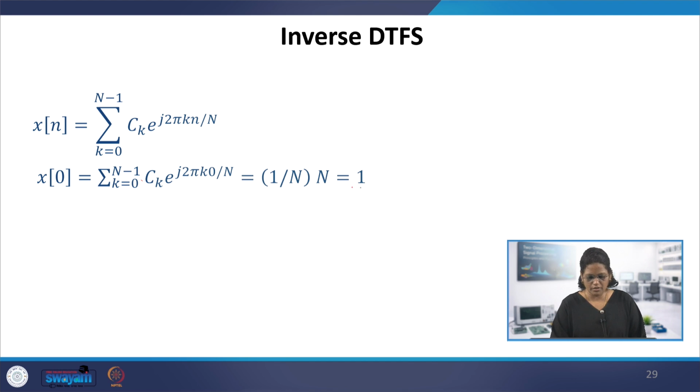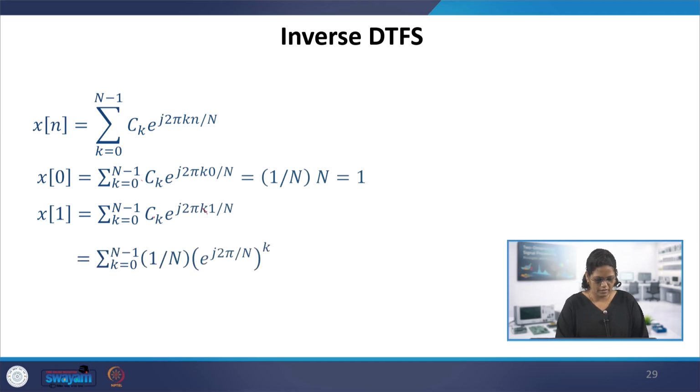So 1 by n into n, that's going to be 1 for n equal to 0, x of 0. If you compute it for 1, just changing this value to 1, this is an expression in which the coefficient is 1 by n e power j 2 pi k n.